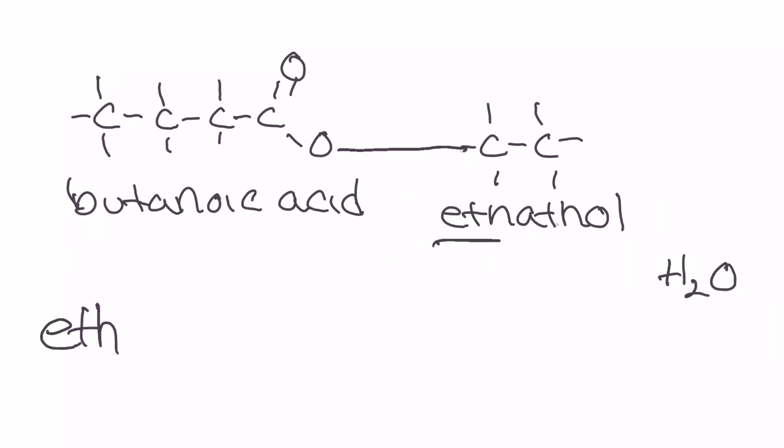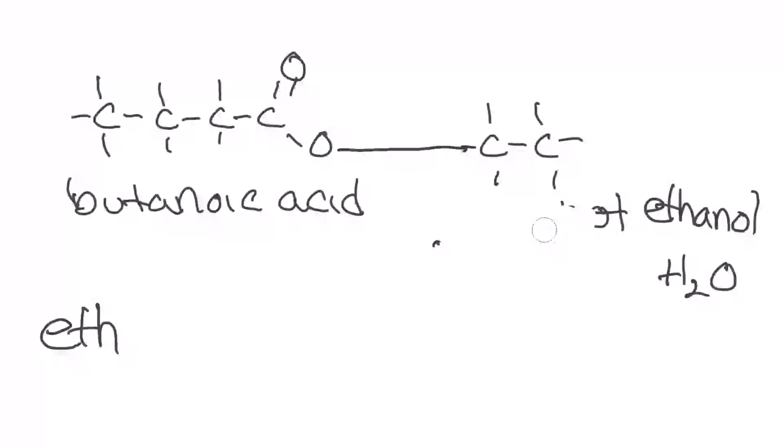But since it's not ethanol, it's not an alcohol anymore, so we don't call it ethanol. We use eth for the two, but now it has a different ending. We say YL. So this is ethyl. So that represents this part of the molecule.